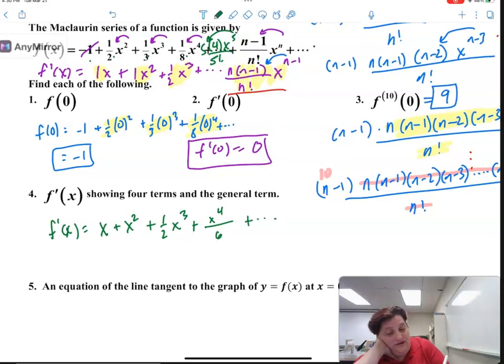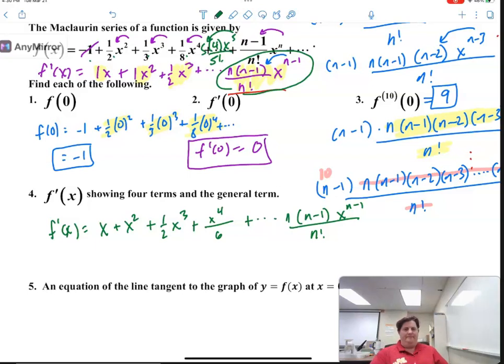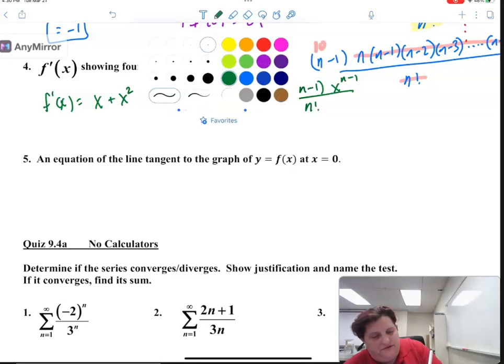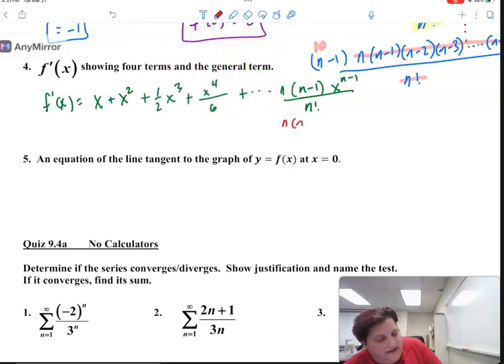And then my derivative for my general term: if I bring down the n, it's x to the n minus 1 over n factorial. Now, let me show you another way to write this, just in case you're on a multiple choice test or something like that. n factorial is n, n minus 1, n minus 2, n minus 3, and so on.